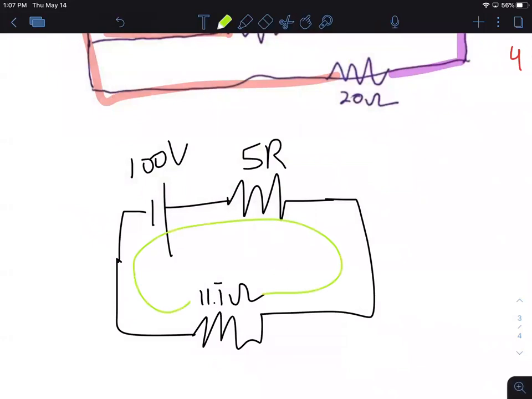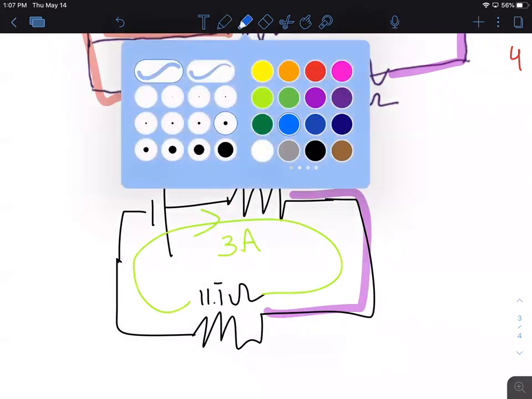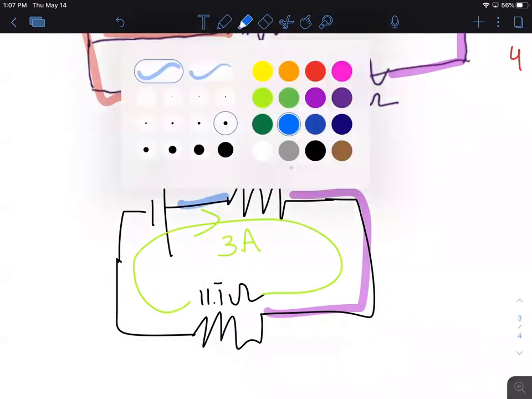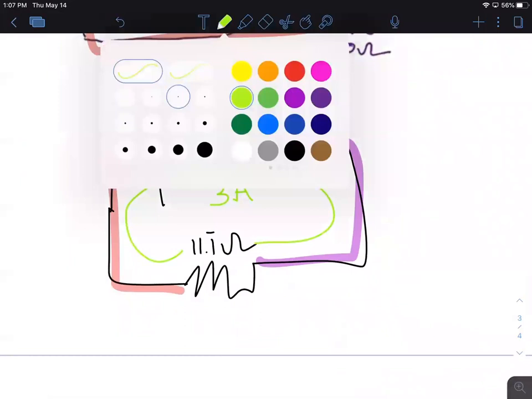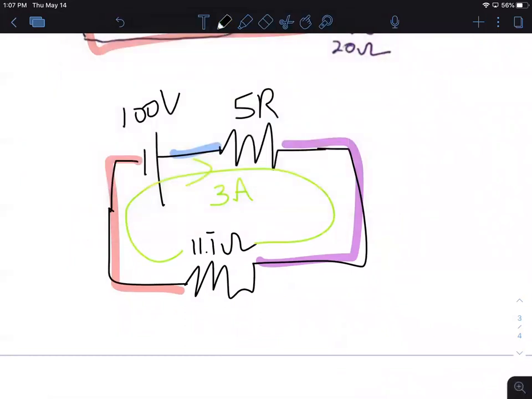And now we have a series circuit, so I can just say it's 3 amps everywhere. I'm not going to make a table because we just have 2 resistors here. 3 amps, 11.1 ohms, that's a delta V of 33.3 repeating volts.